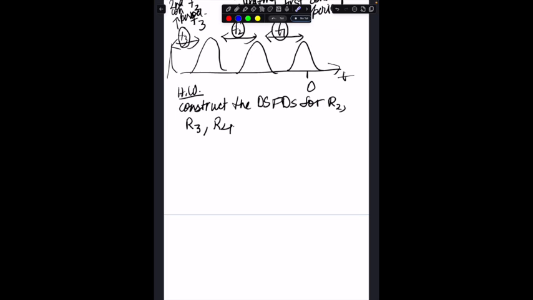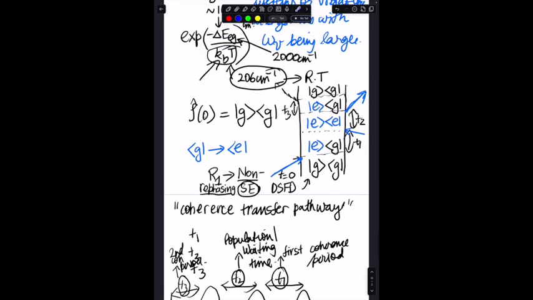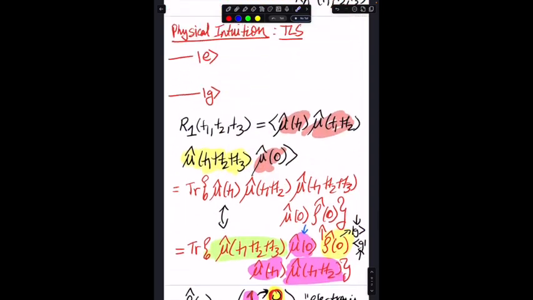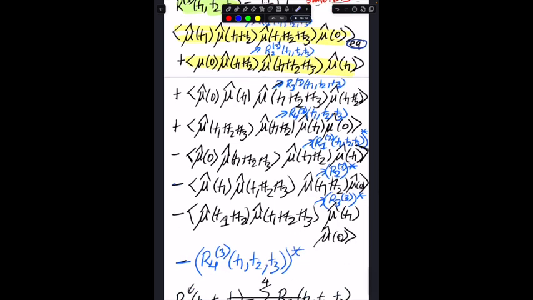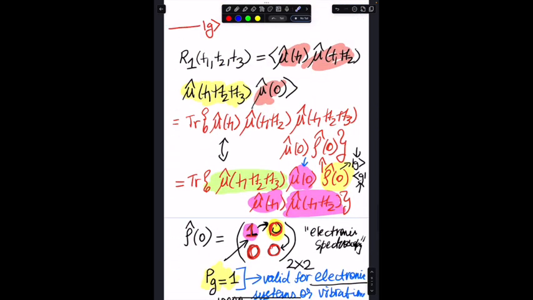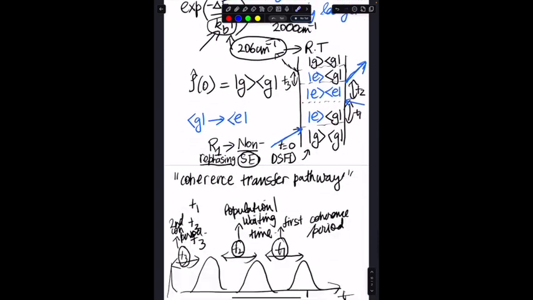To do this, follow the same procedure as I have. Take the 4-point dipole correlation functions for R2, R3, and R4, following which rewrite them again in the trace format with the equilibrium density operator and arrange them in time neatly around the equilibrium density operator and then study their interactions.